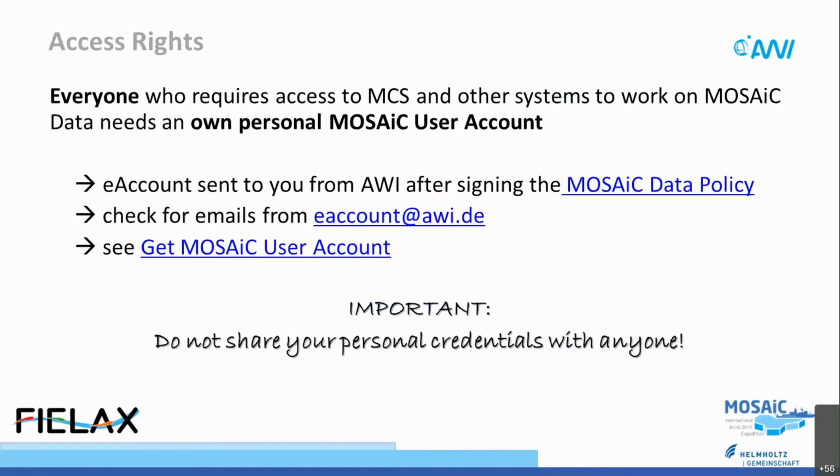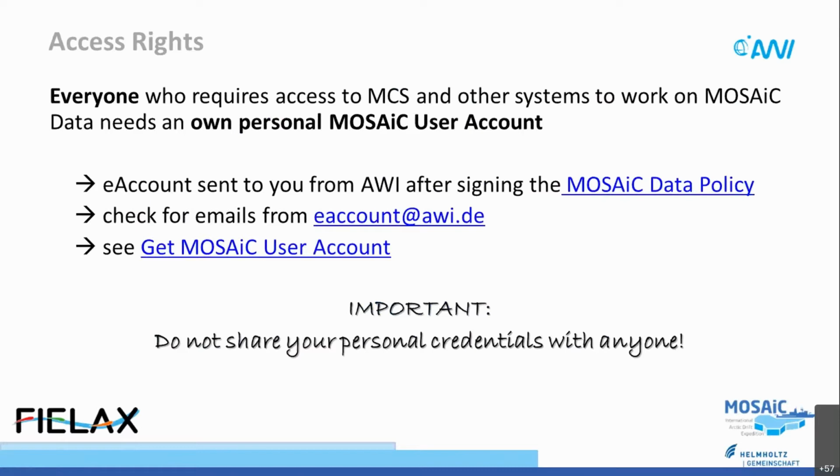First, the access rights. Everyone who wants to access MCS or other systems to work with MOSAiC data needs an own personal MOSAiC user account. So that means that you shouldn't share your personal credentials with anyone.